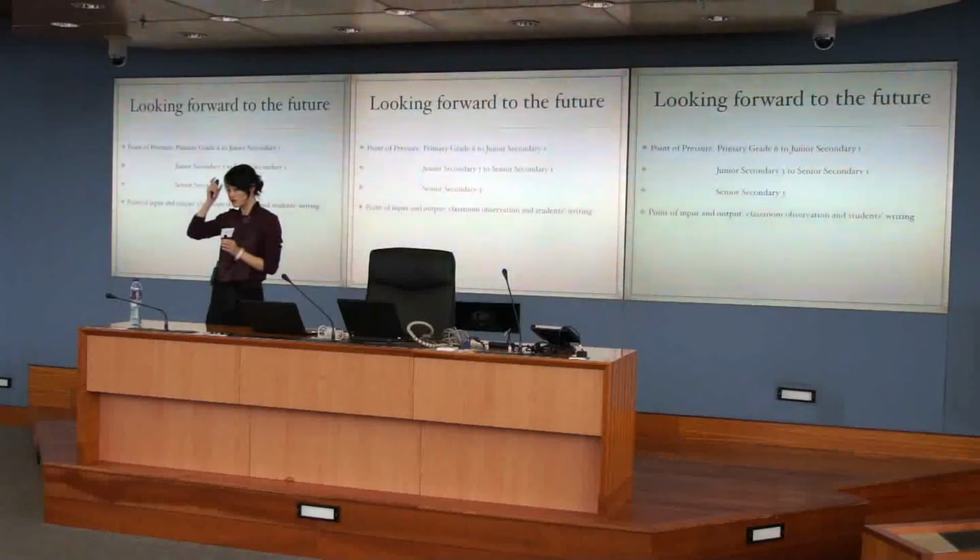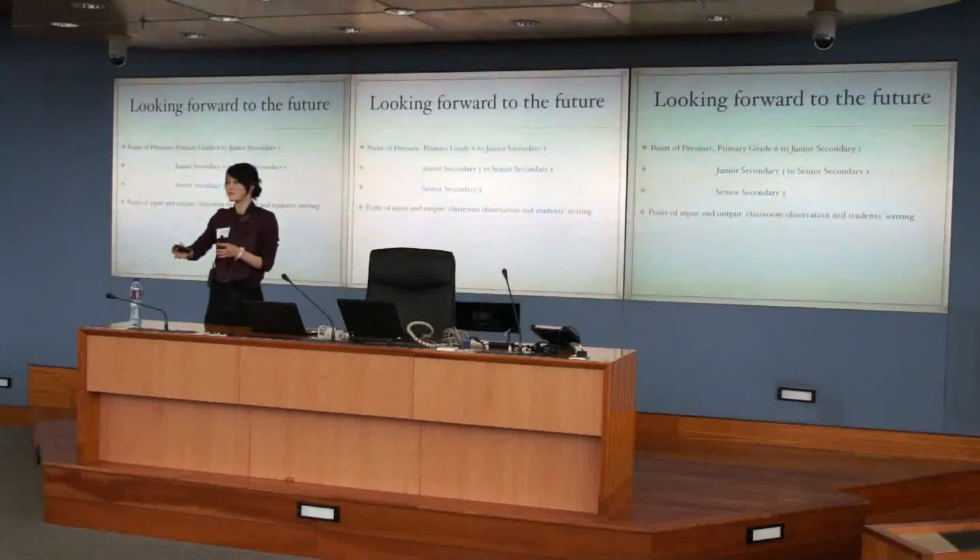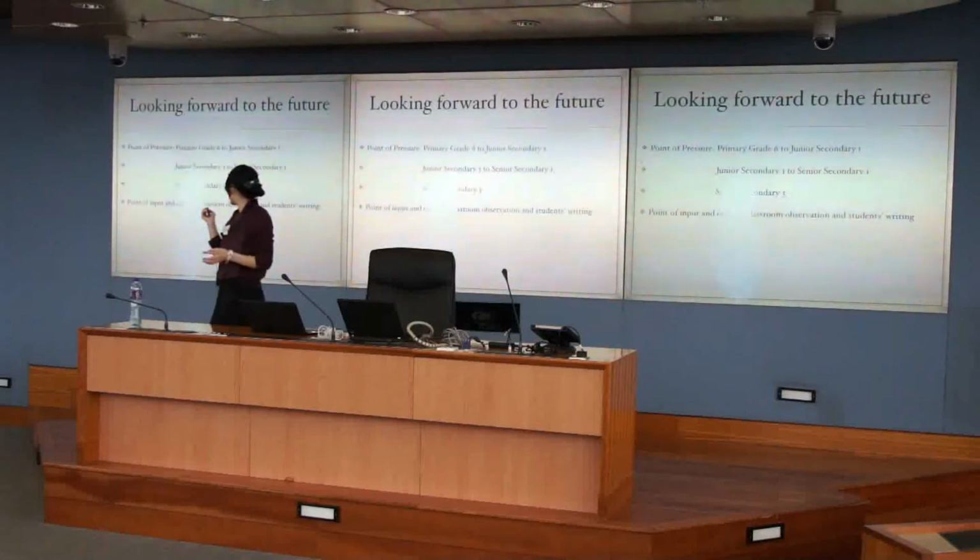It's very interesting to see how these changes happen, and exactly how we can describe these challenges the students are facing, and then the better teachers can scaffold the students to make a very smooth transition. And also the point of input and output, as what I'm analyzing is the expectation, the textbooks' expectation of the students, but to what extent the students can reach this kind of expectation is very interesting as well.